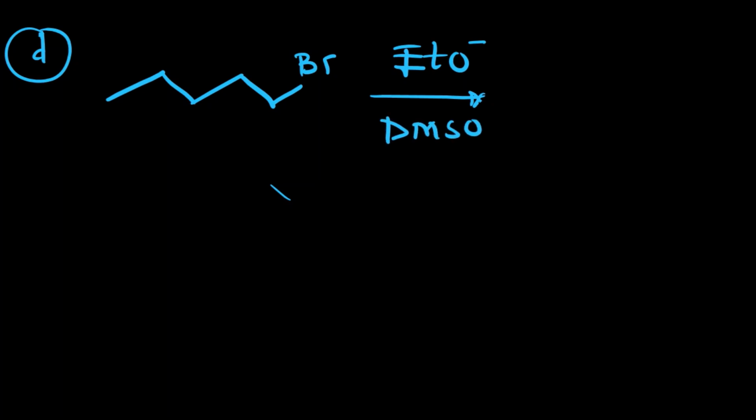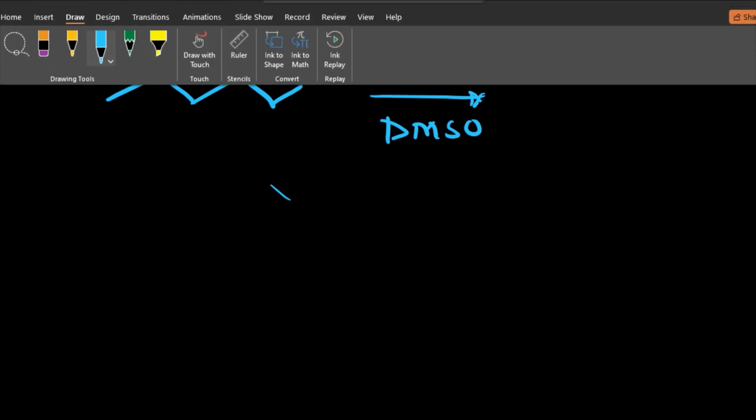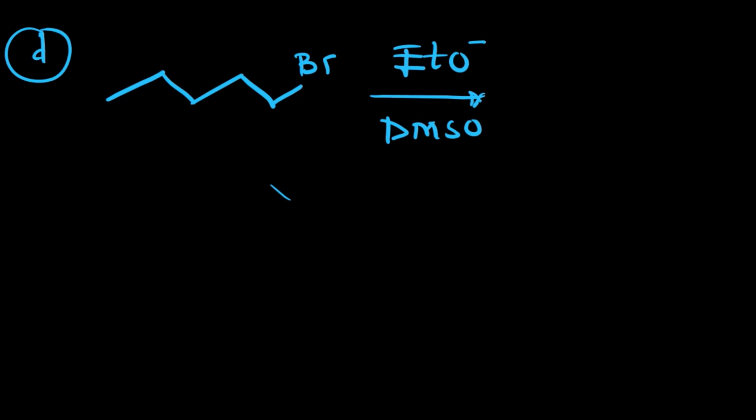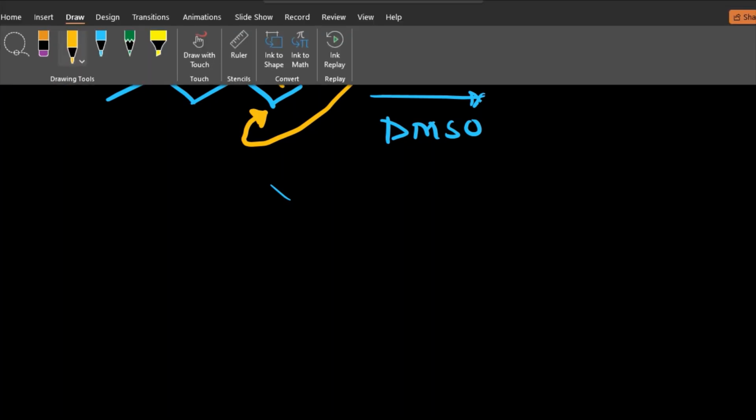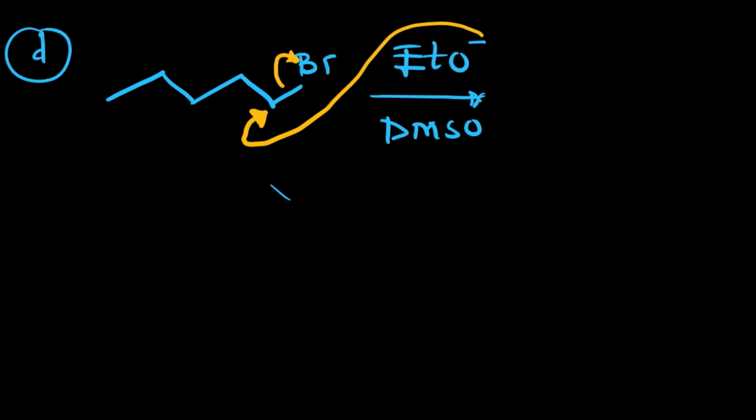So DMSO here is a polar aprotic solvent. So we know this is going to occur by SN2 reaction. The mechanism is that the nucleophile is going to attack the alpha carbon from behind the leaving group, and then the leaving group is going to leave. When that happens, the product that is going to form is this.